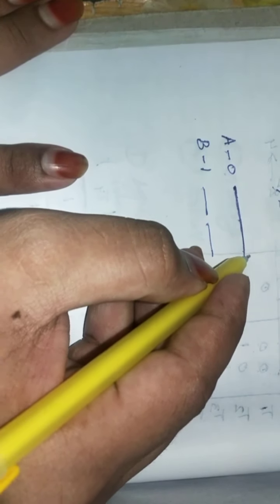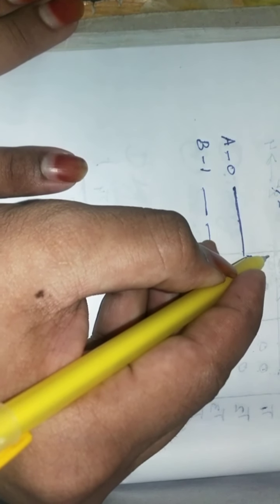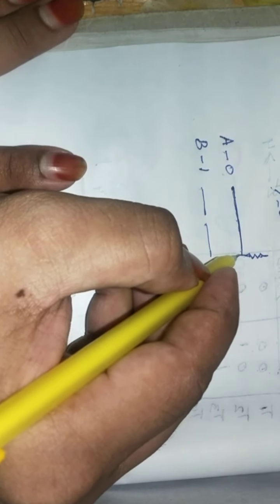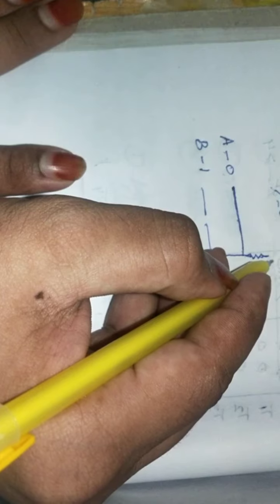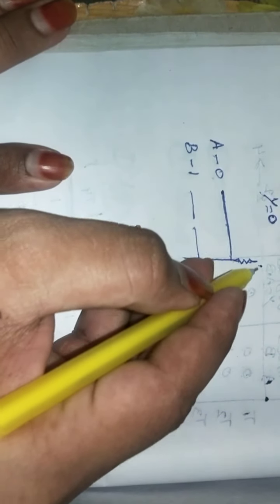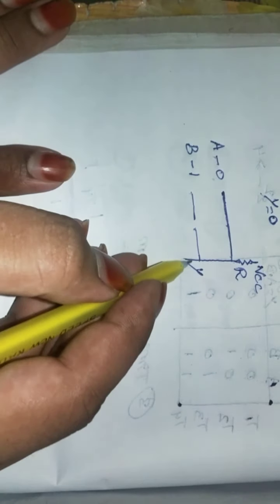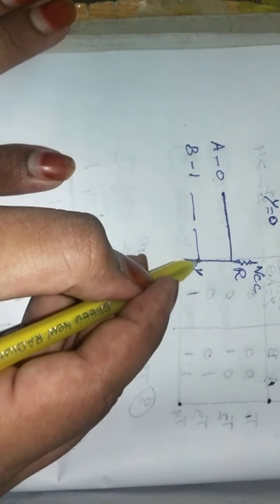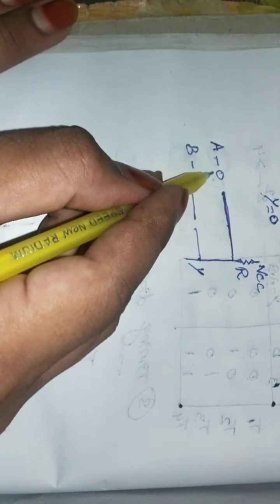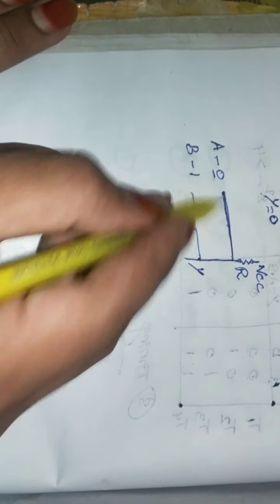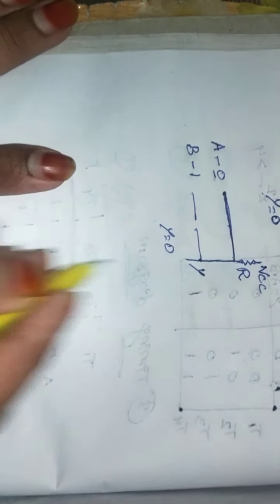Therefore, the resistor is connected and the output comes through VCC resistor R, and the output is also connected to ground because 0 occurs in input, so Y equal to 0.